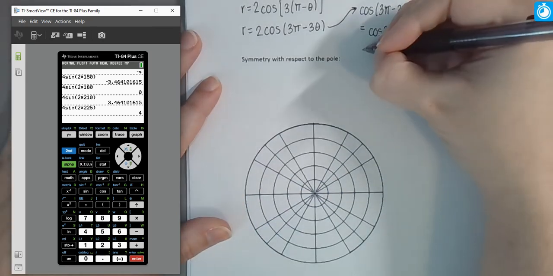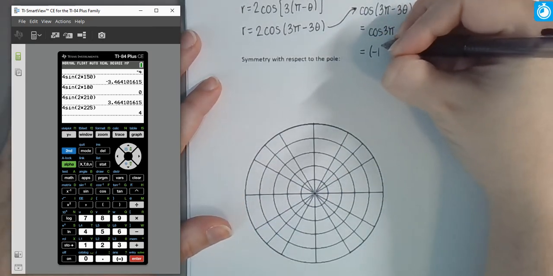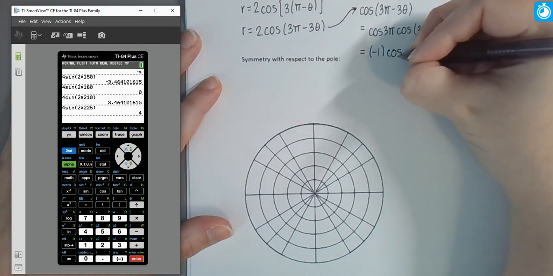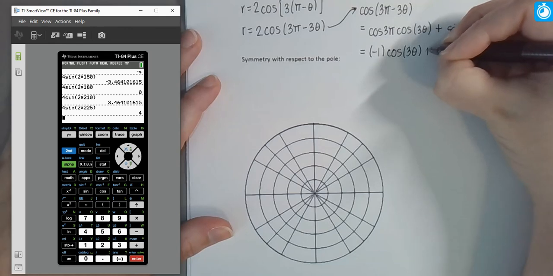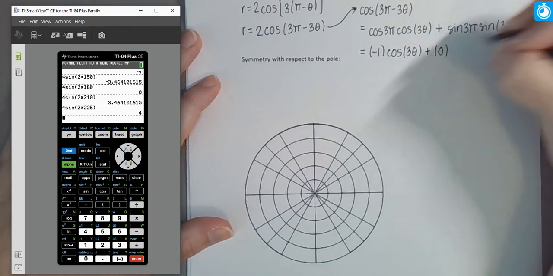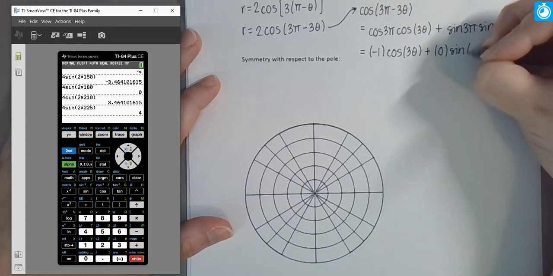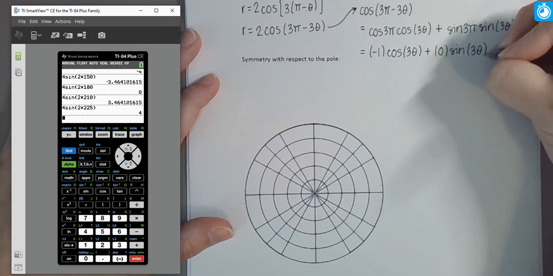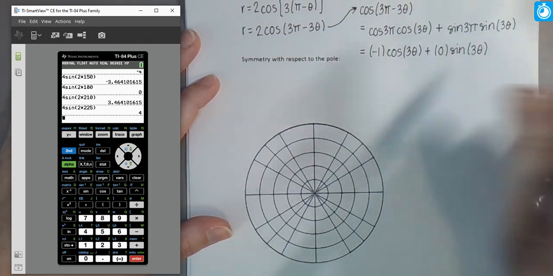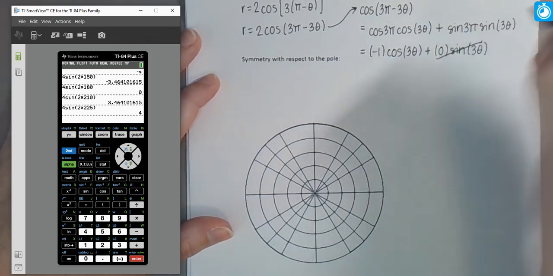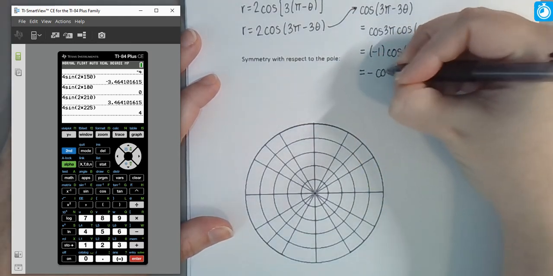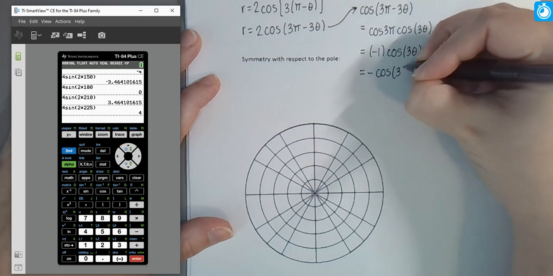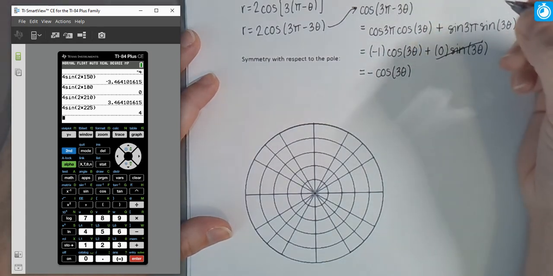So this is going to be -1 times the cosine of 3 theta plus 0 times the sine of 3 theta. 0 times anything, that term goes away, and this term just becomes negative cosine of 3 theta.